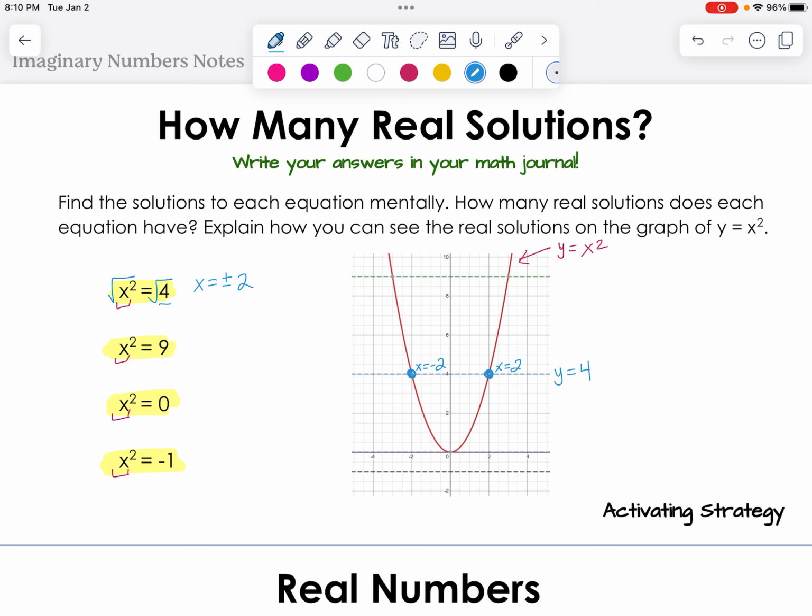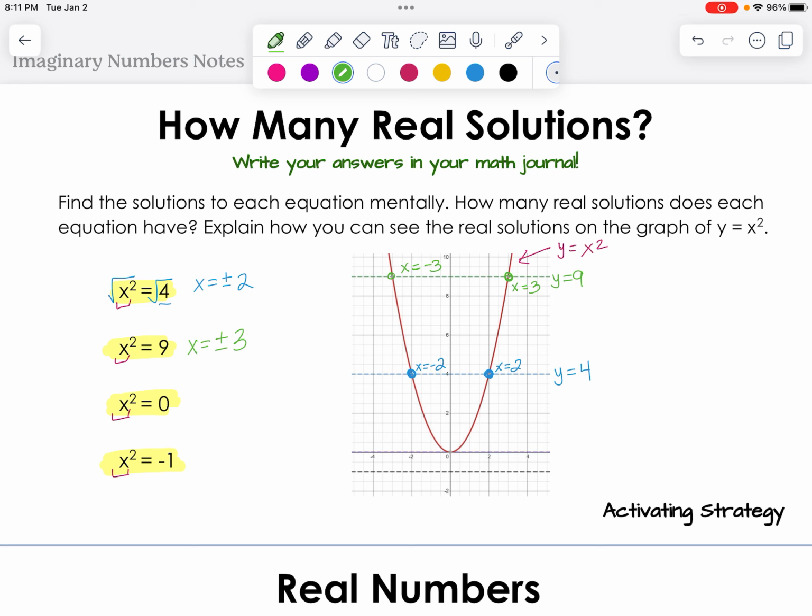For x squared equals 9, here's the line y equals 9. And if I look for the intersections, we've got x equals -3 and x equals 3. So the solutions here could be x equals plus or minus 3. How about for x squared equals 0?